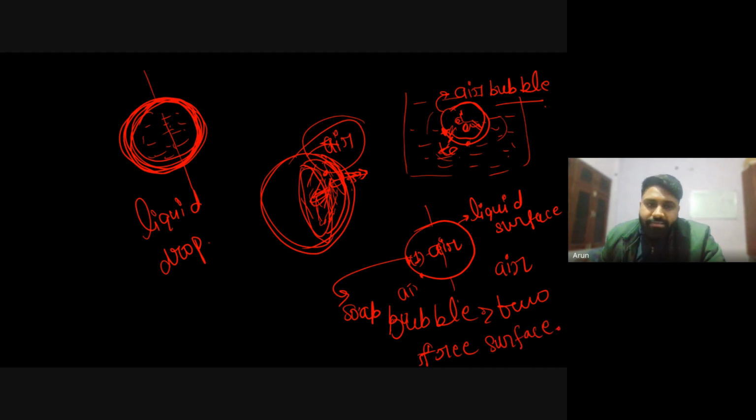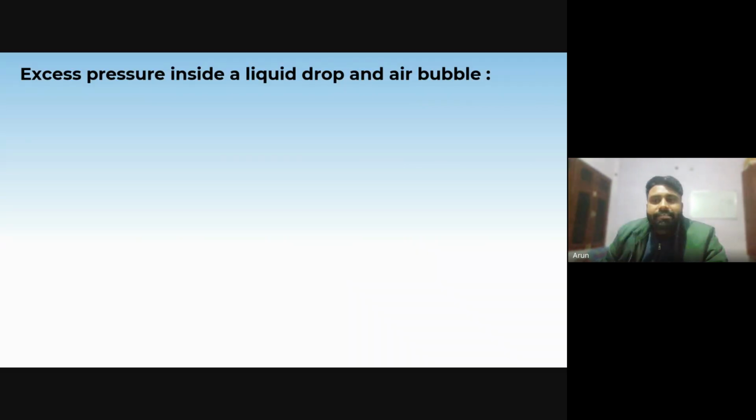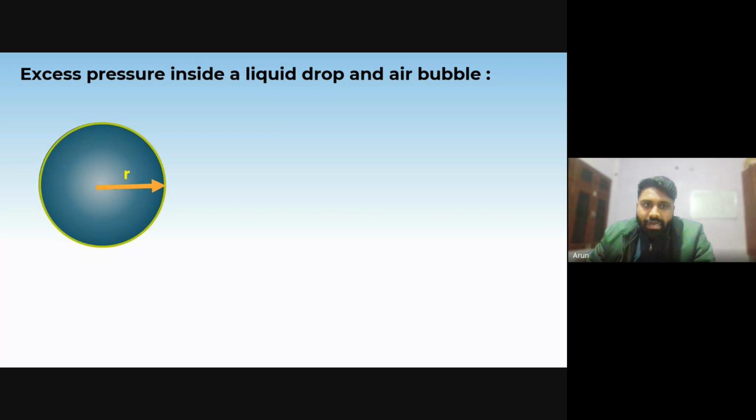Now you are clear with this. It will help you to understand the concept, how the expression comes. Let's say this internal pressure is greater in value, so it will try to expand the bubble. And in expanding the bubble, we have to do some work.